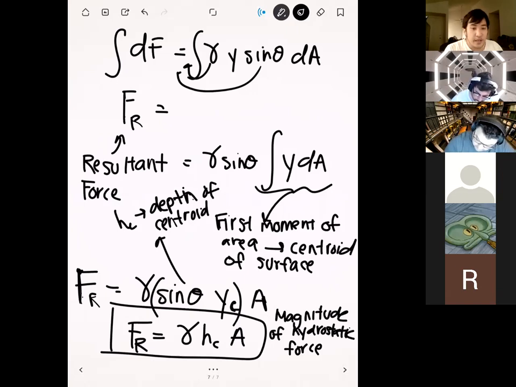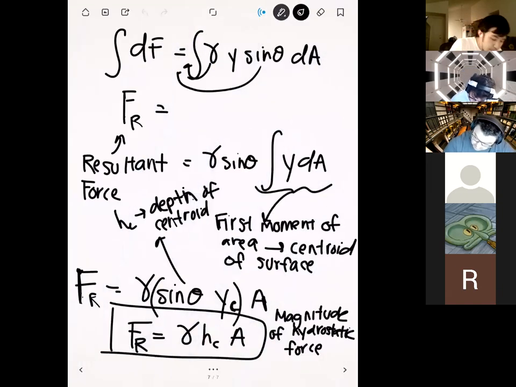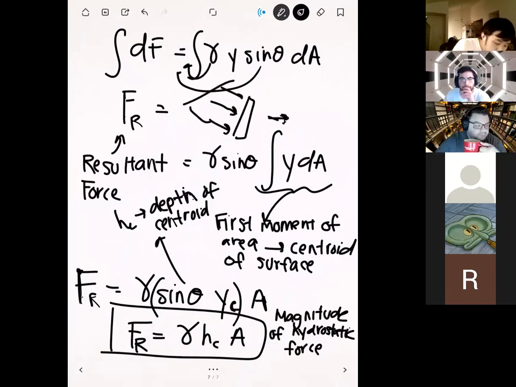We take some surface right here, and normally we have some kind of distributed force onto it, where it might be something like this. If we convert this distributed force into just one resultant force, the magnitude of that resultant force is equal to the specific weight of whatever fluid you're submerged in, times h_C, the depth of the centroid.